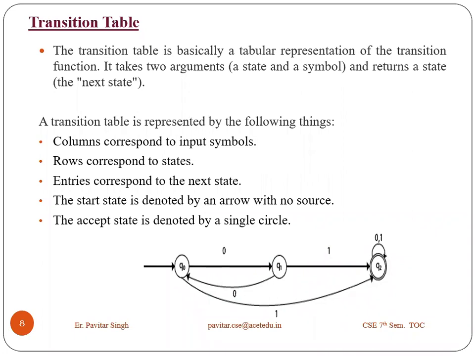This is called iteration, that is a loop. So we have just drawn the table from the given diagram, right? You can see the transition table corresponding to this diagram.